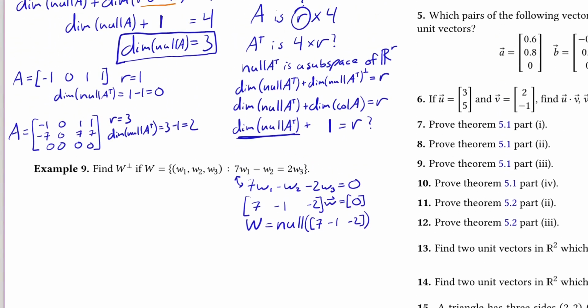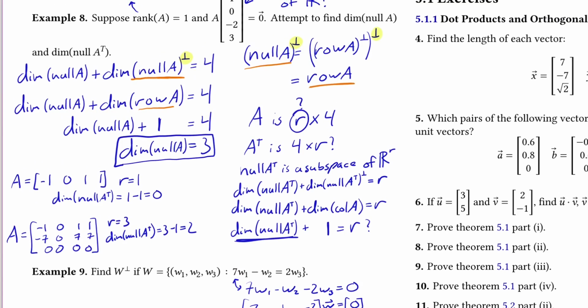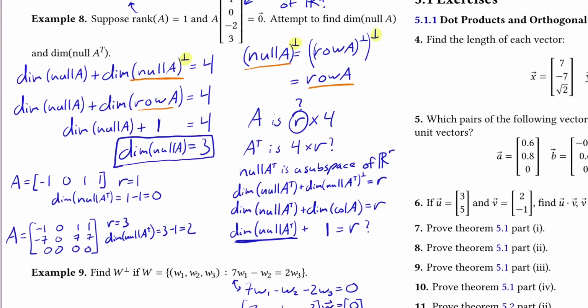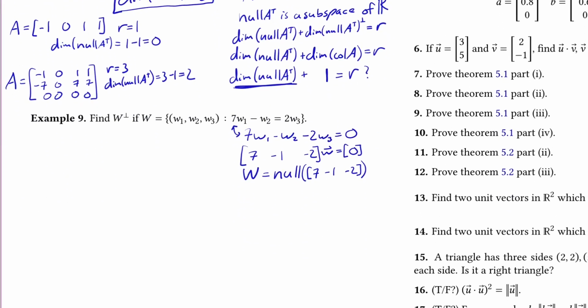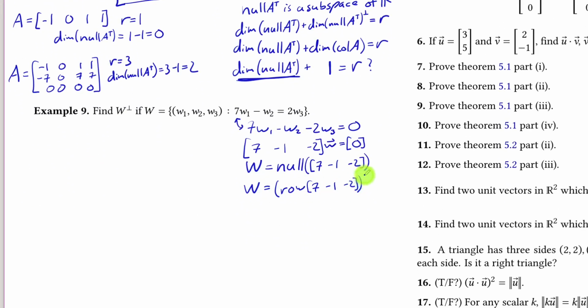Now we're going to do the same trick as before using the four subspaces theorem that says the null space of this matrix is equal to the orthogonal complement of the row space. But our goal, remember, is to find W perpendicular.